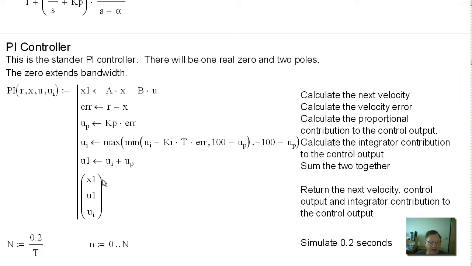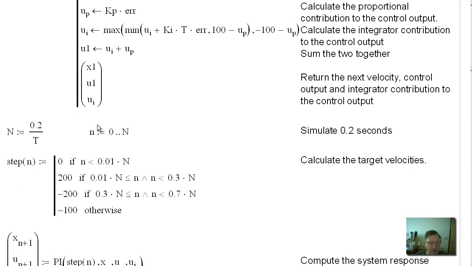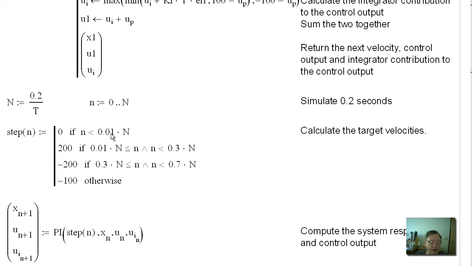I sum the two together and I return the new velocity, new control output, and the new integrator term. It's very simple.